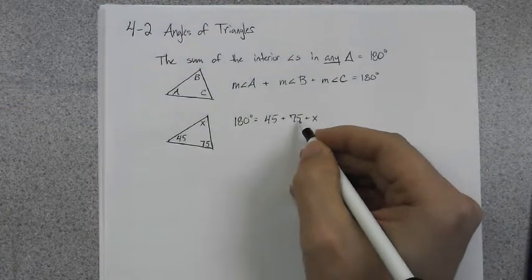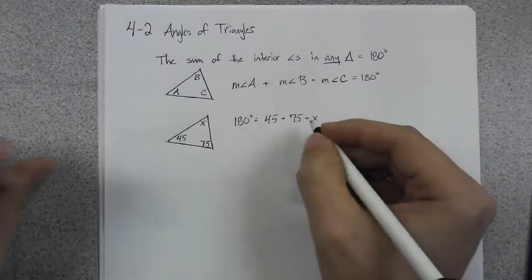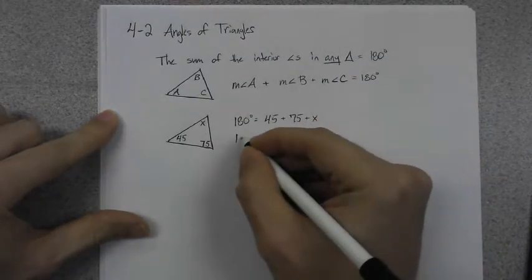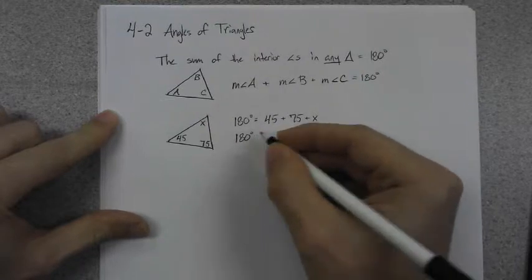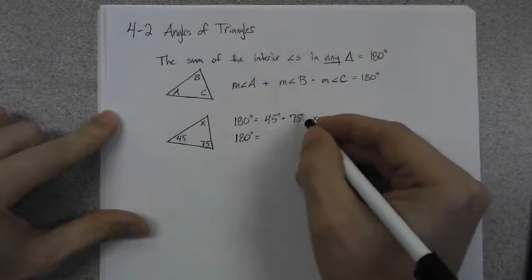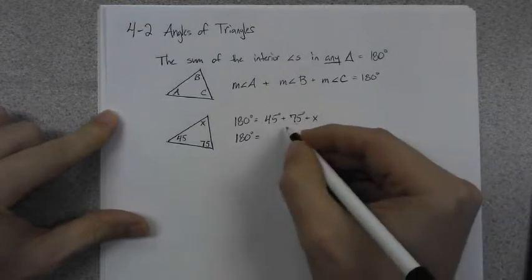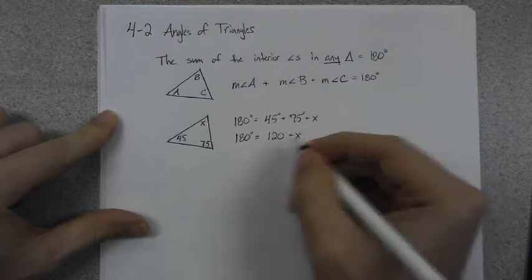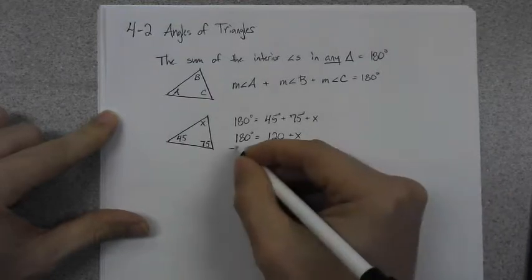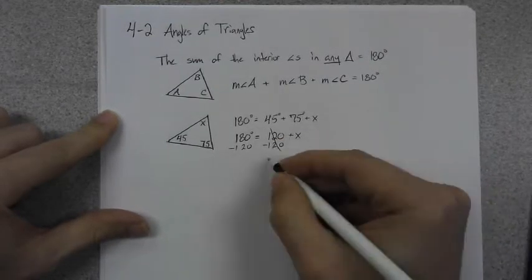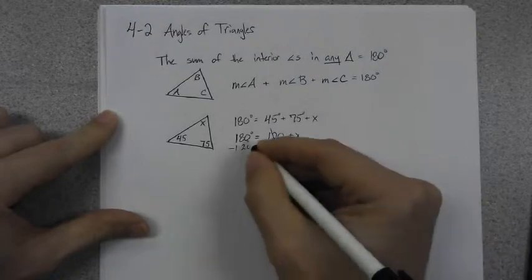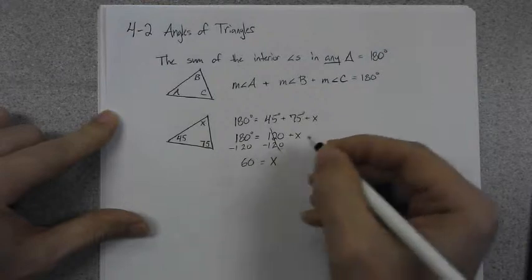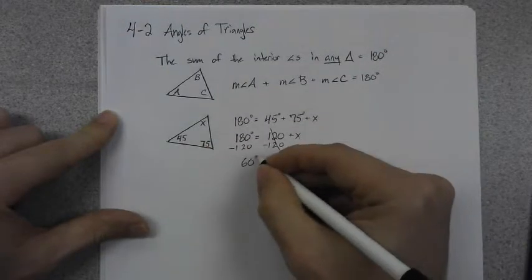So 45 plus 75 is going to be 120. So we're going to say 180 equals, you can have the degrees there if you want to, you don't need them for this purpose, 120 plus x. Now we take away 120 on both sides. This cancels. We end up with x equals, and 180 minus 120 is 60. So that means this thing right here is going to be 60 degrees.